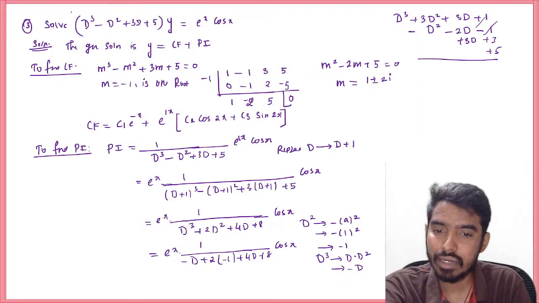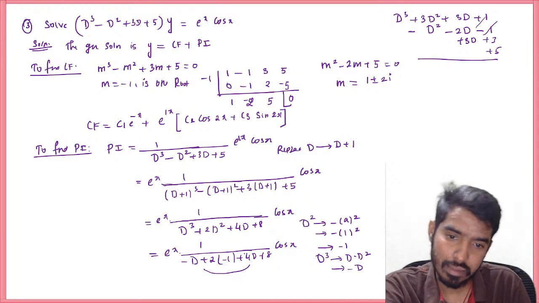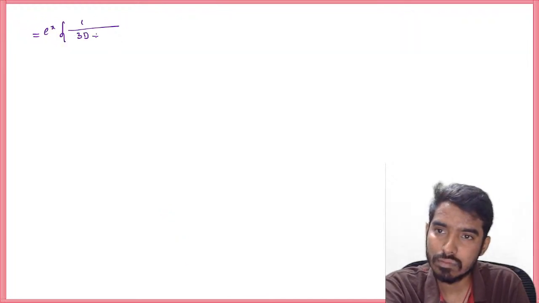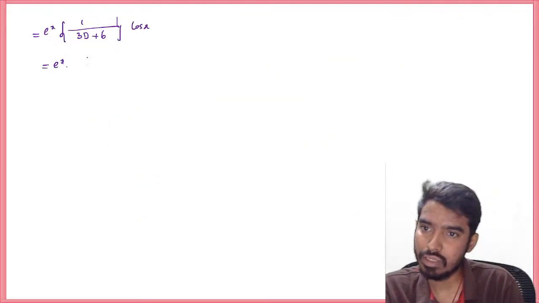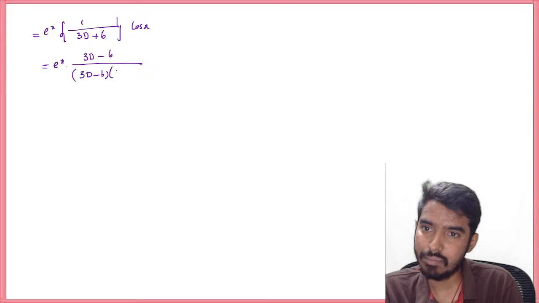So this will be e power x, 1 divided by 4d minus d is 3d, 3d plus 6, and here we have cos x, so take the conjugate: e power x, 3d minus 6 divided by 3d minus 6 times 3d plus 6, cos x.